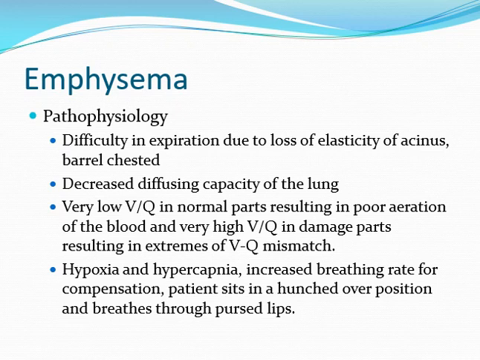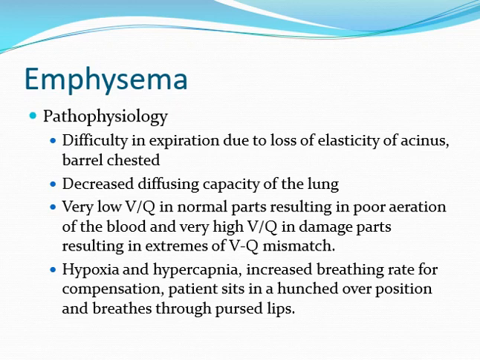As a result, there is physiological shunting in the normal area of the lung, and physiological dead space in the region where the lung tissue has been destroyed, and extremes of V/Q mismatch can be seen. As a result of V/Q mismatch, we can see hypoxia and hypercapnia.